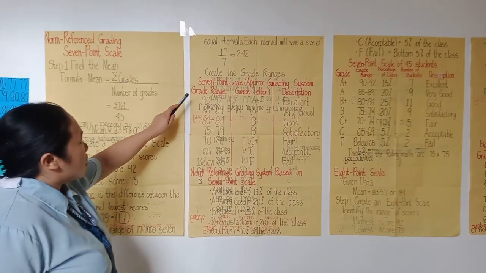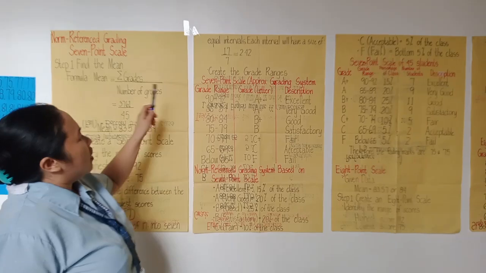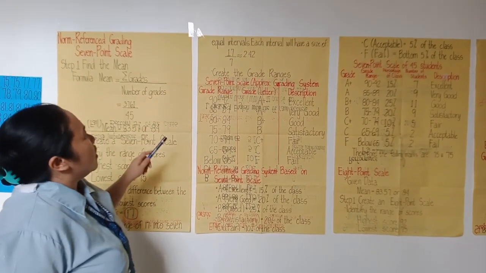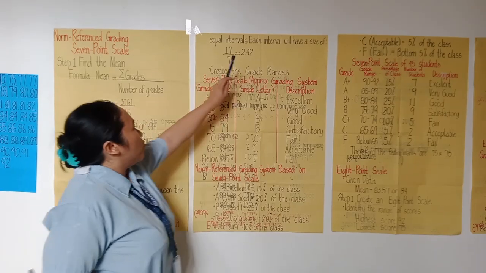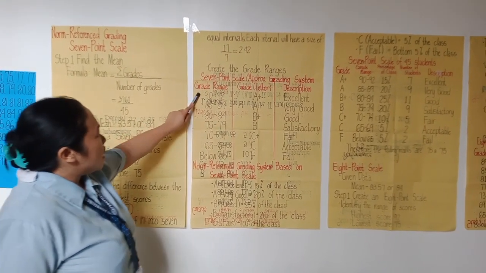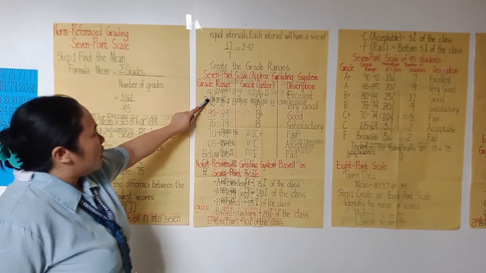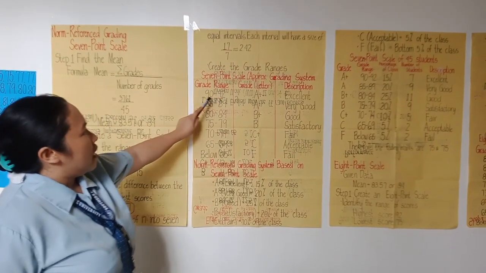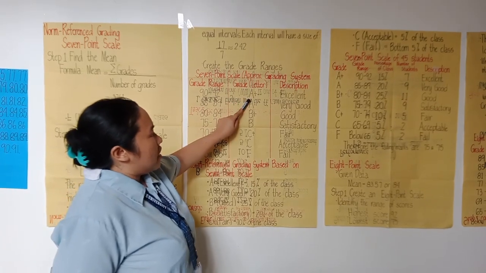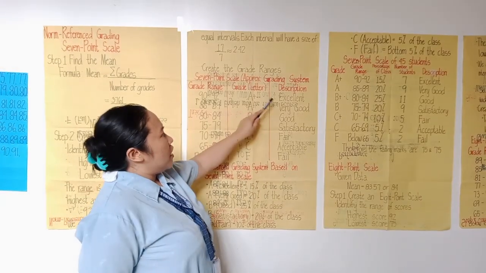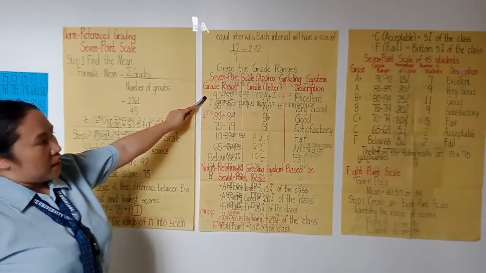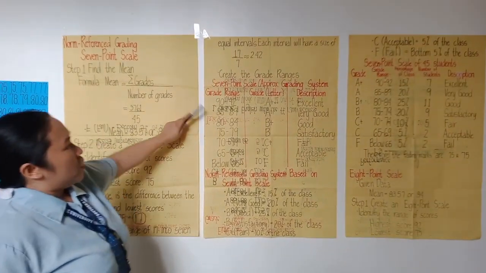Since the interval in getting the 7-point scale is 2.42, or simply 2, we come up with the first at the top: 90 to 92. It corresponds to letter A plus, and the description is excellent. It is the top percentage of the students' grades.